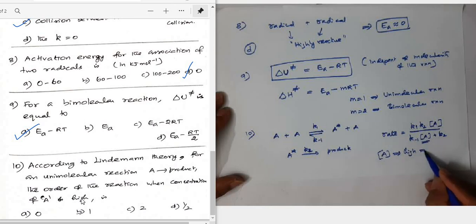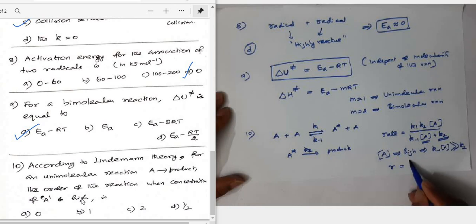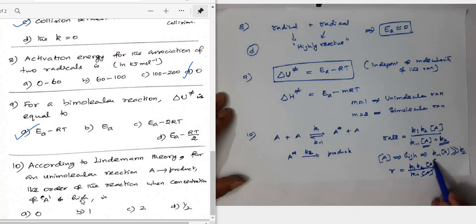Therefore k minus 1 times A becomes very much greater compared to k2. Therefore you can neglect k2 in the denominator.